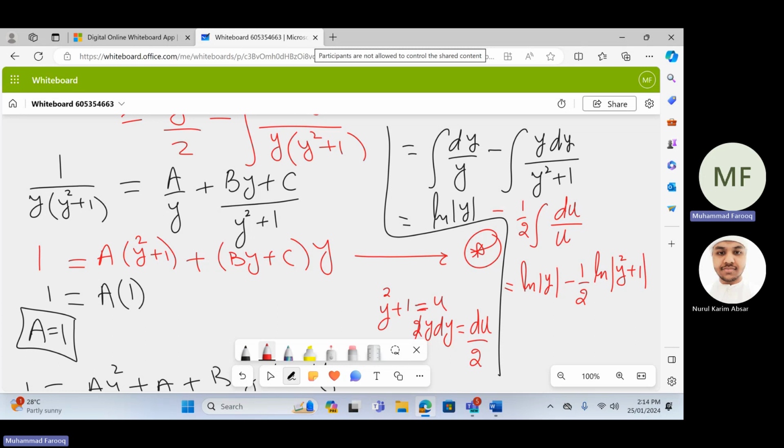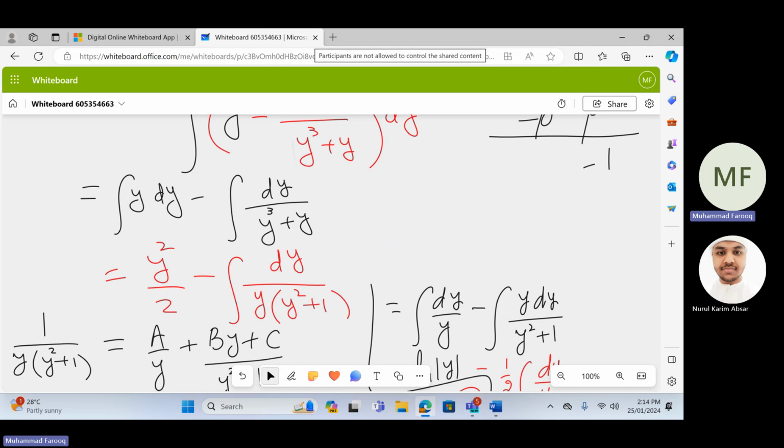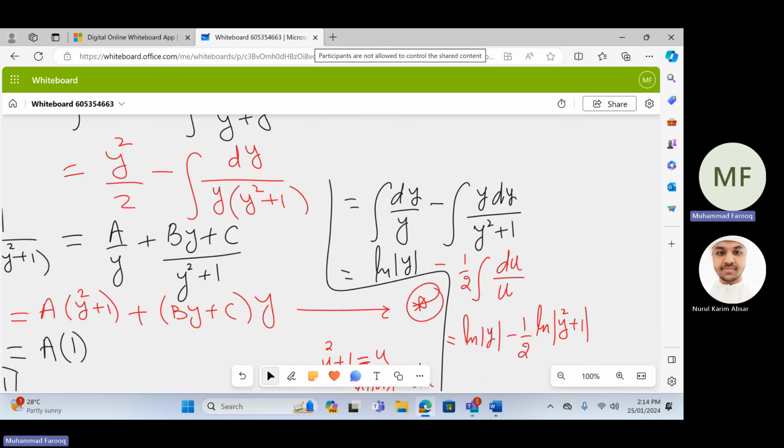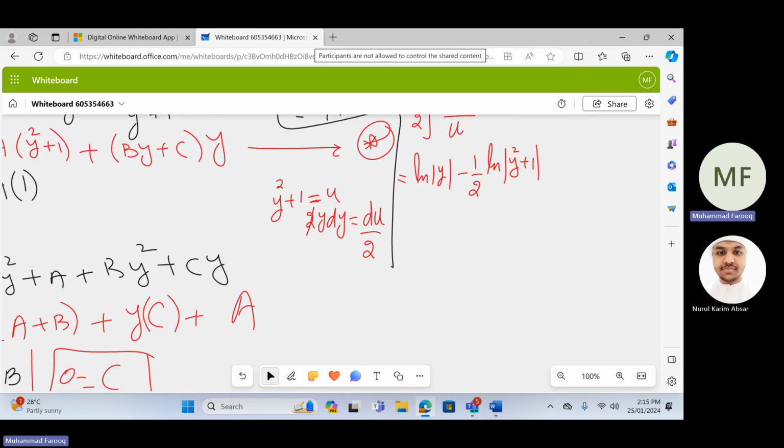Don't forget, one answer we have done in the starting. When we started, y squared over 2 is here. So we add it in our final answer. Finally, you have to write the answer.